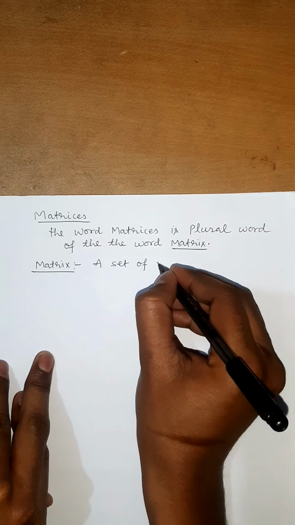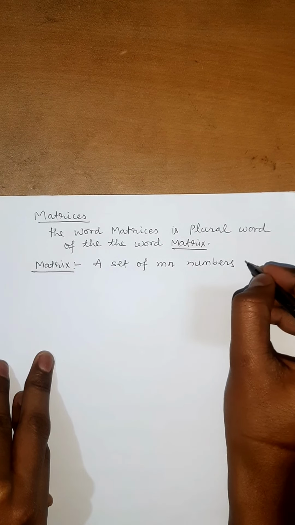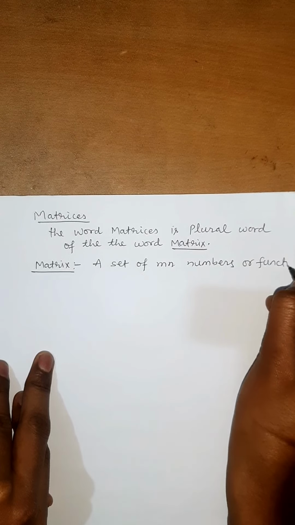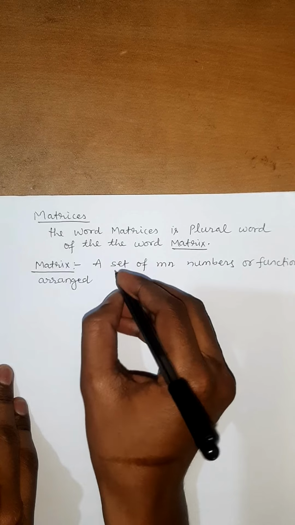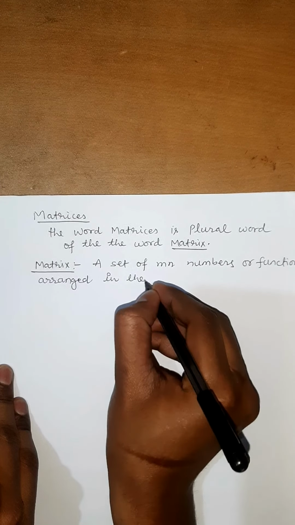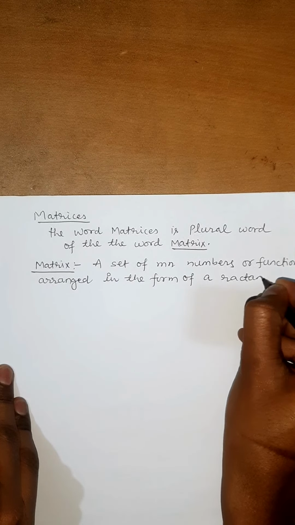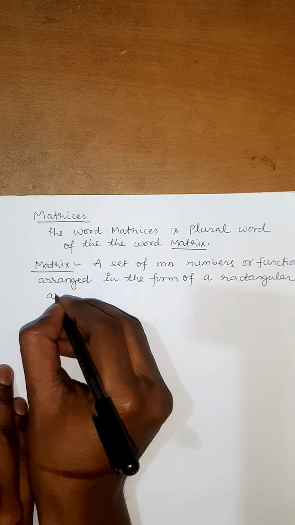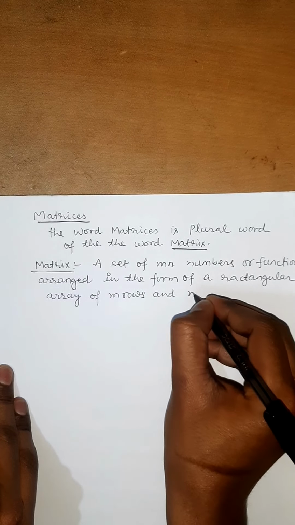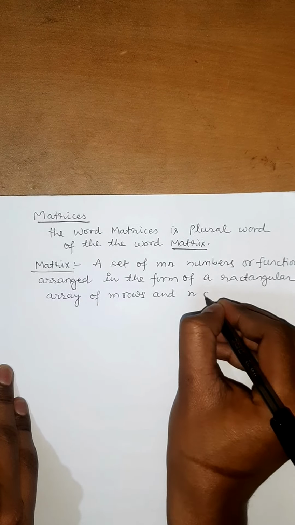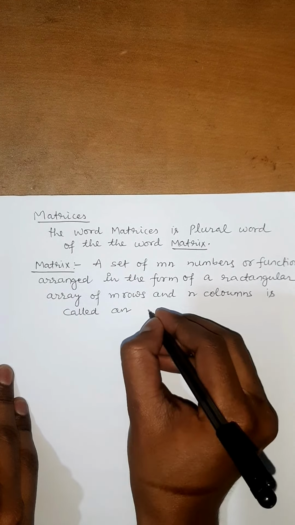A set of mn numbers or functions arranged in the form of a rectangular array of m rows and n columns is called an m cross n matrix.